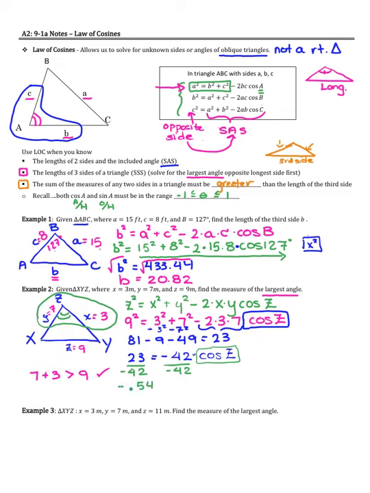I hope I'm reading these right. Realizing this is kind of hard to do when you can't really see. And that's our cosine Z.